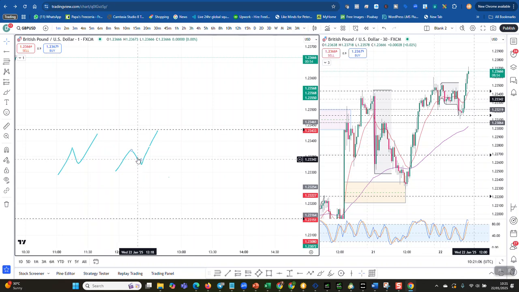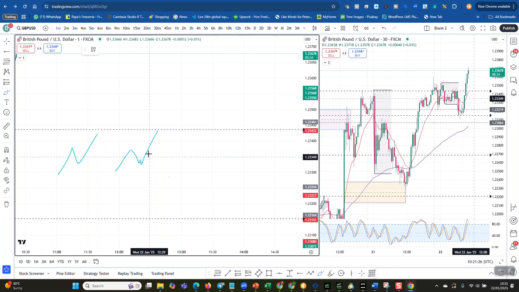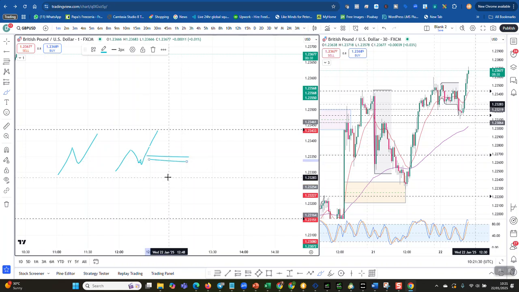It takes out a low and then pushes to the upside. This sort of thing is what you're looking for on a relevant move. So when that relevant move happens, ideally you'll be looking to find some sort of POI around this area here.